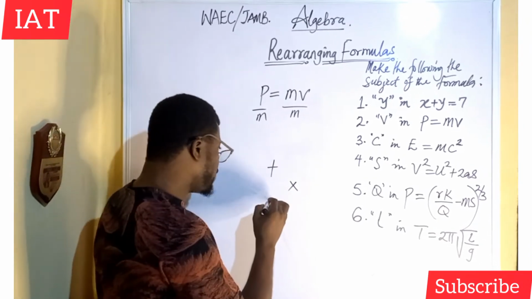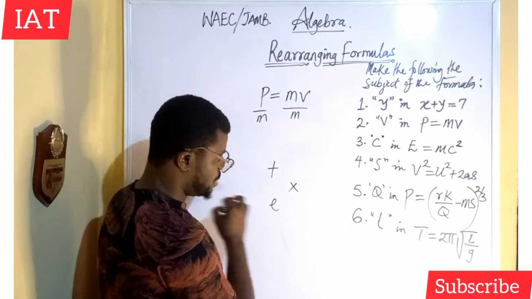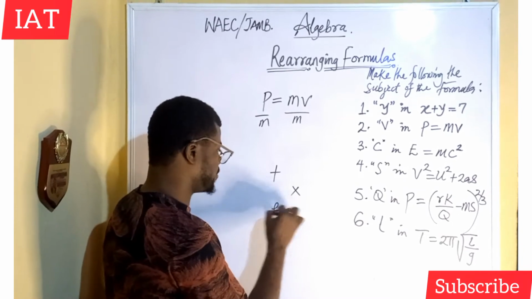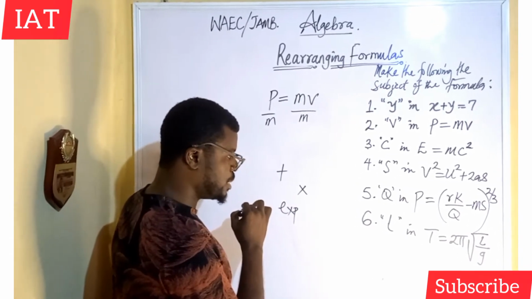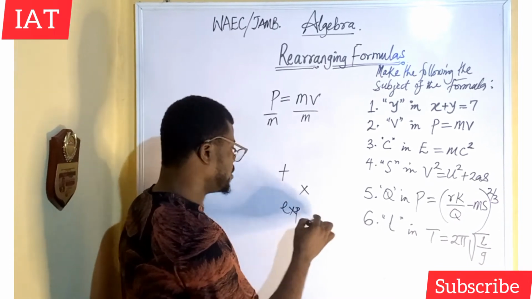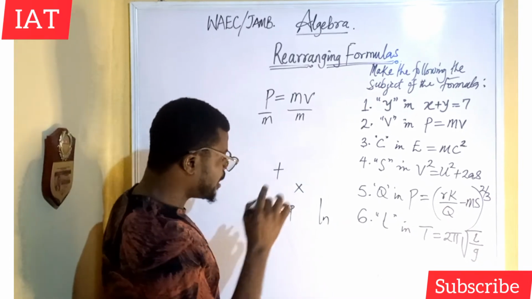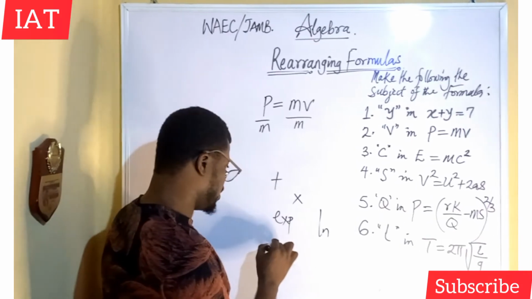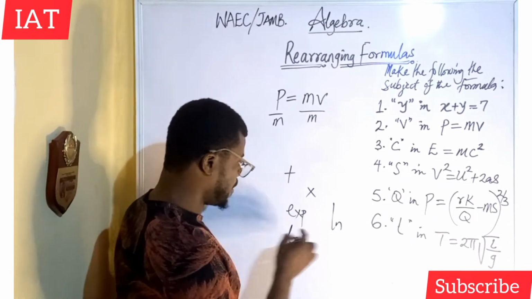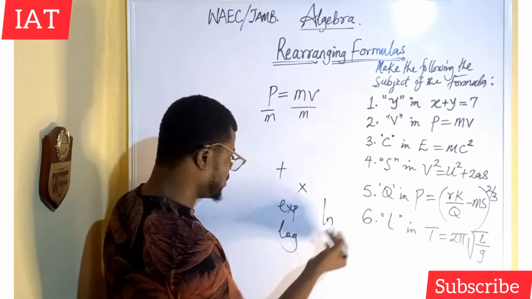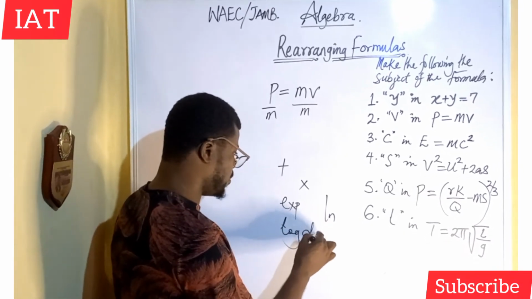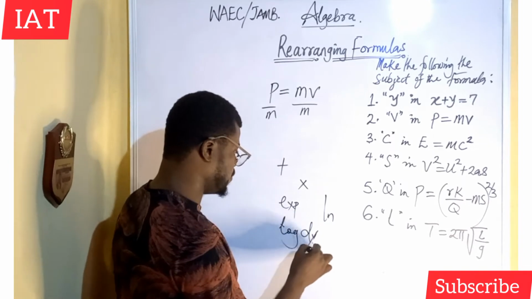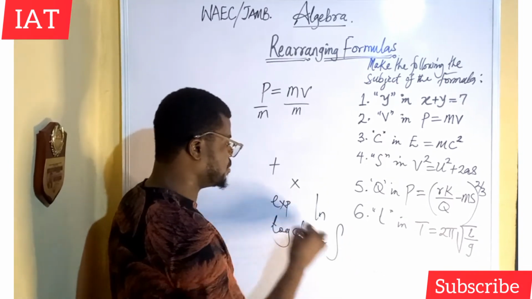The same way, the opposite of the exponent is ln. And similarly, the opposite of logarithm, which is log, yeah, we've done that of log. Ln is the same thing as log. The opposite of differentiation, which is dy over dx, or the derivative with respect to x, is integral.